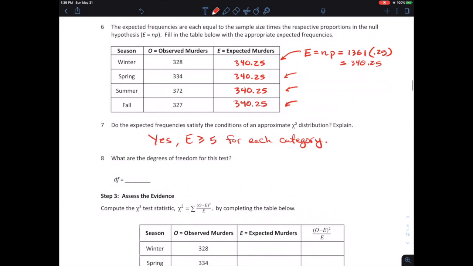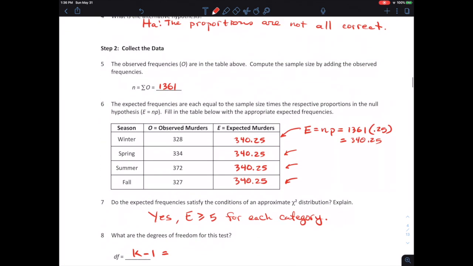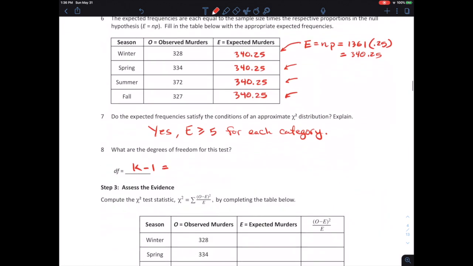Degrees of freedom for the test are the number of categories minus 1. As a reminder, there were 4 categories. That's different from the sample size. The sample size is 1,361, but all of those outcomes fall into one of 4 categories. So 4 categories minus 1, that's 3 degrees of freedom.